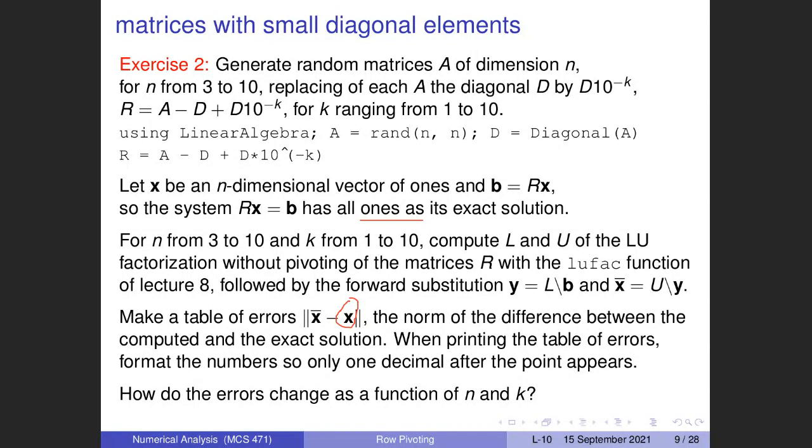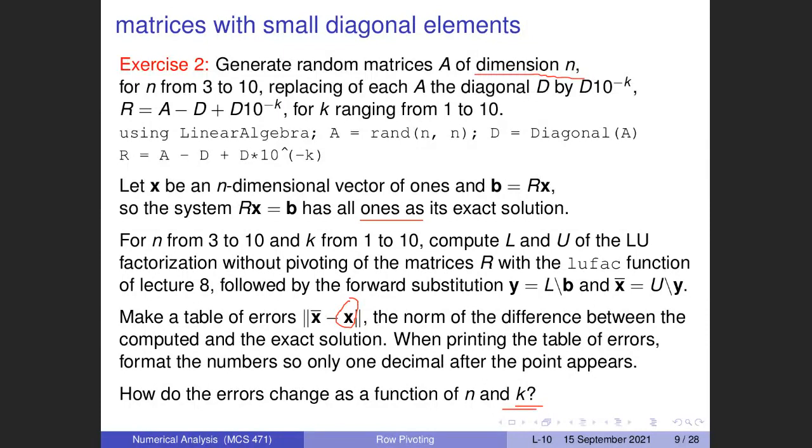If you look at the progression of the table of errors, then you will see that the errors will change. You could expect that if the matrices are getting larger, you get more round-off. So this is where the dimension n comes in. But the crucial factor will be that k. You will see that the errors get larger, larger, and larger. So now it may still be okay. You may still have 4 decimal places correct, but that's not simply good enough.